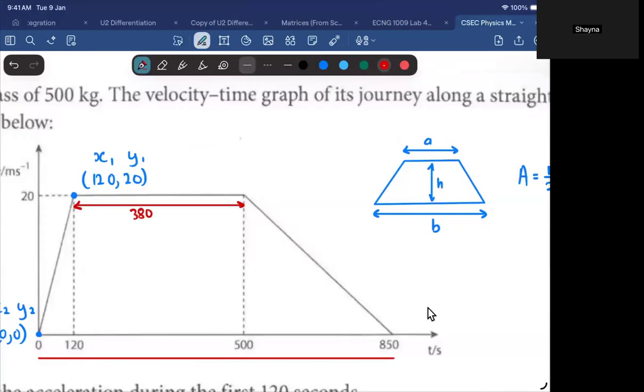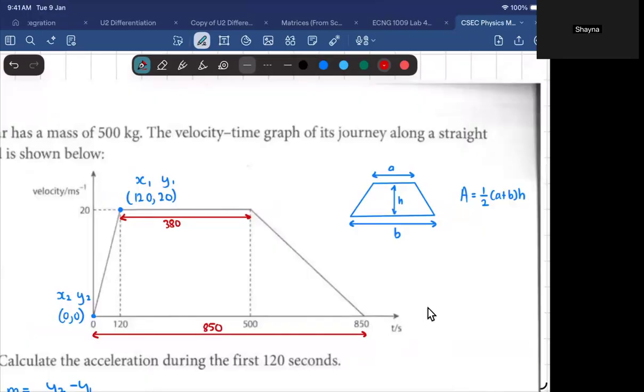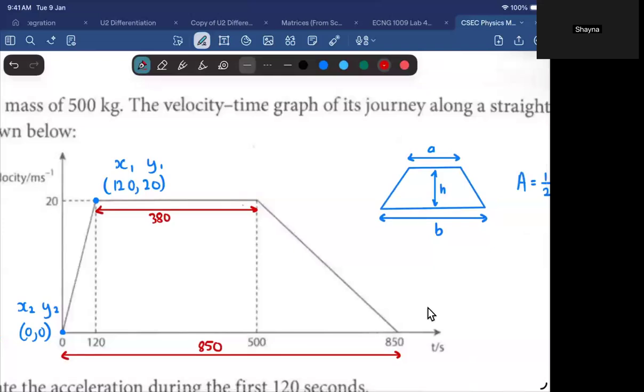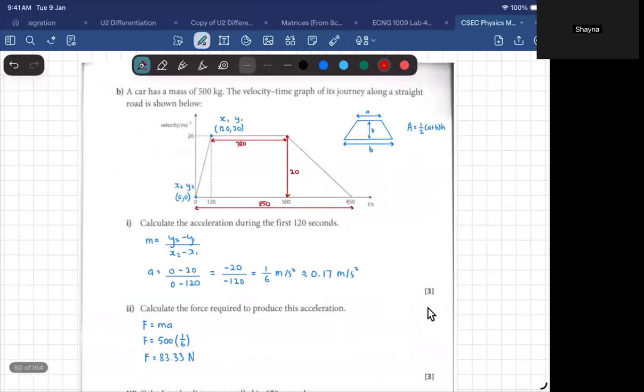It'll be 850. Let's add units on there. And what would the height be? 20. Great. So the area is going to be 1 over 2, times (380 plus 850), times 20.